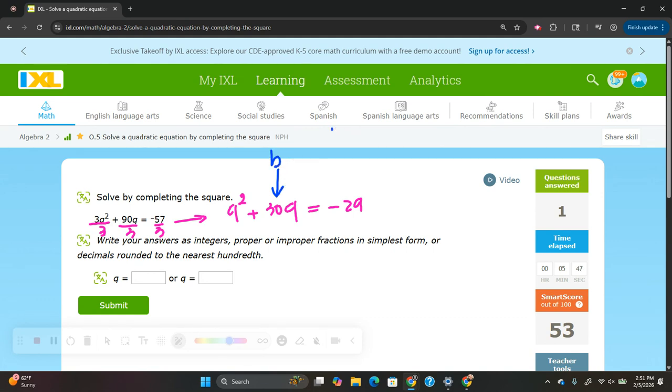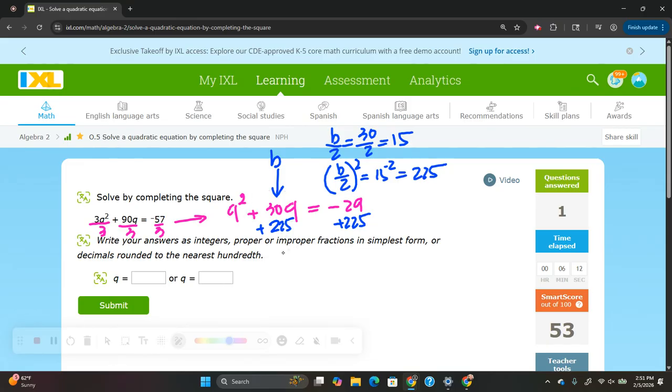So b over 2 should be 30 over 2, which is 15. And then you take 15, you square, it's 225. So if I want the perfect square on the left side, I need to add 225 on the left side and also 225 on the right side.